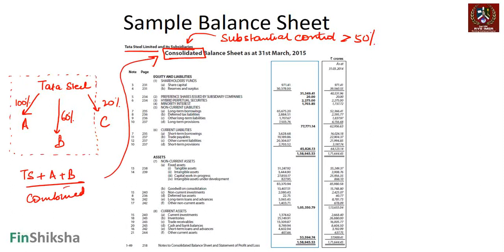We will talk about combining these and the broad principles that are used in a separate point of time. But if you're combining these statements to give an idea of the entire business family, Tata Steel plus A plus B, wherever they have complete control, that's called a consolidated statement. And you will see consolidated balance sheet, consolidated P&L, and consolidated cash flows as well that are available when you're looking at these firms, right?